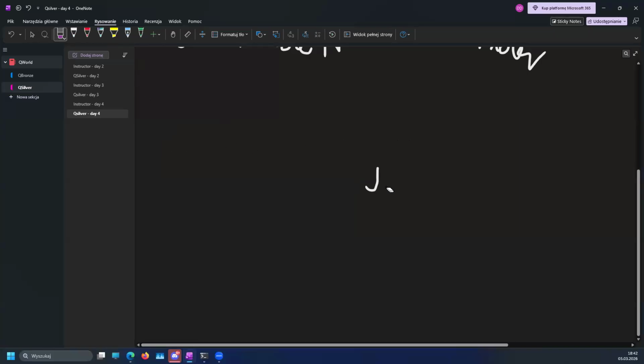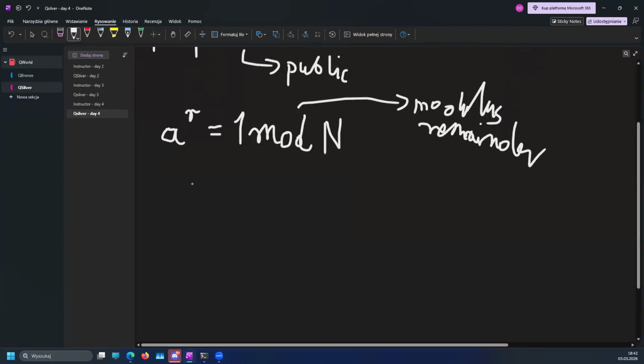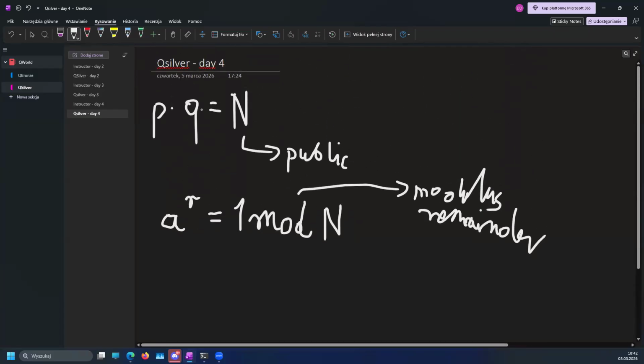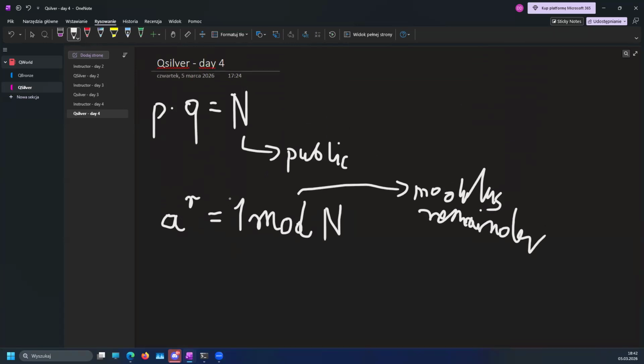So this is our operator, and someone has spotted that those two formulas are pretty close to each other when it comes to finding those two factors. However, the problem is it is still extremely hard to find this r.